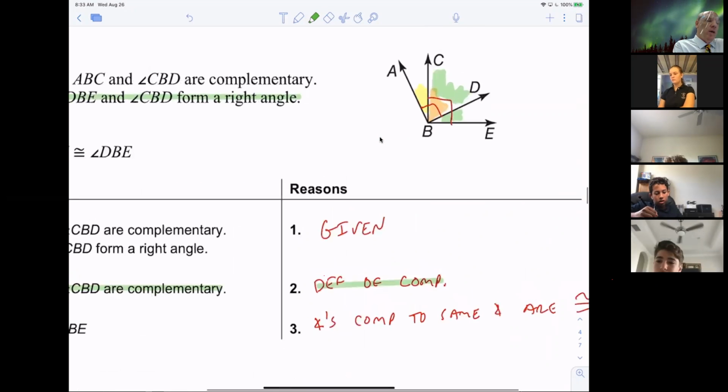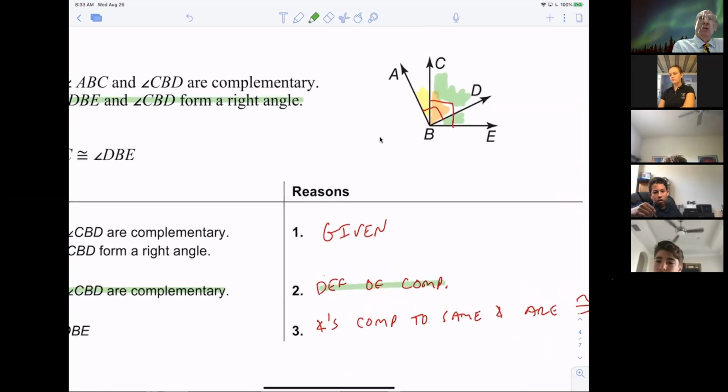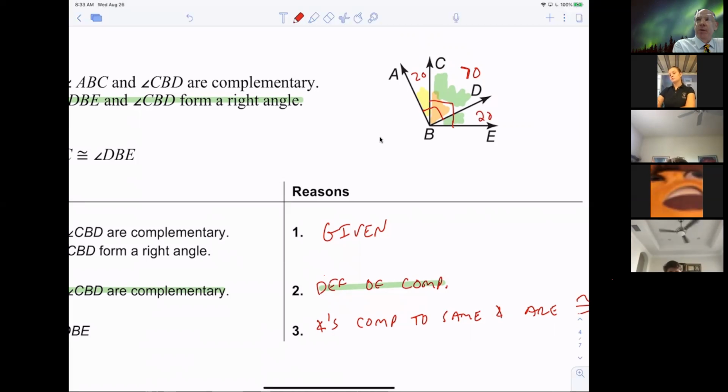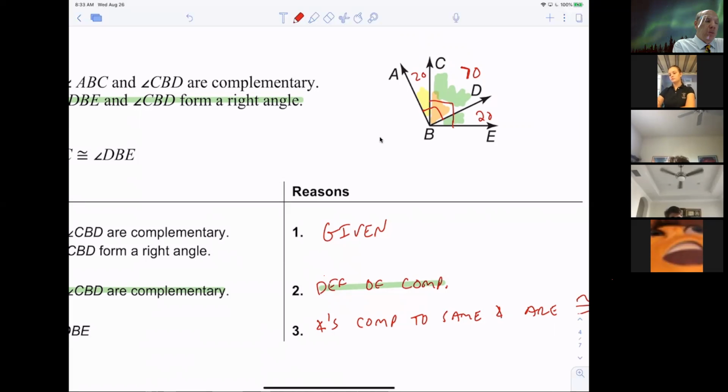Let's give an explanation of that visually. Let's say this was 70 degrees right here. Then ABC would have to be 20, and DBE would also have to be 20, because 90 degrees and complementary. So if two angles are complementary to the same angle, then those angles are congruent.